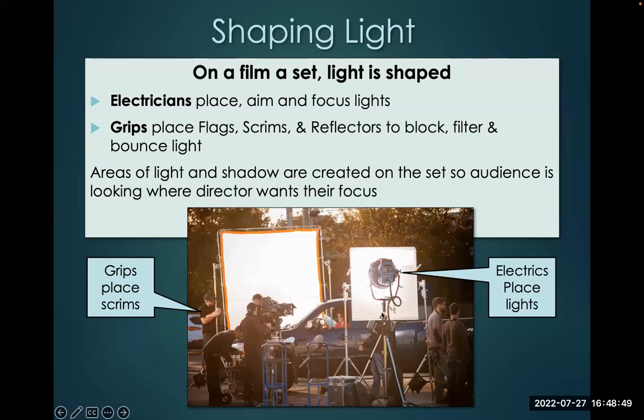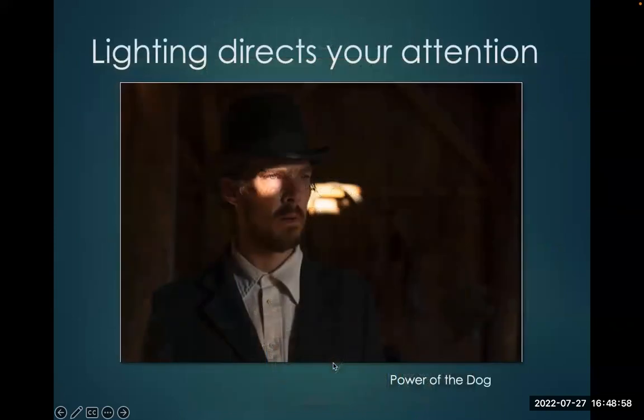So here's an exterior shot, but look at all the lighting and equipment that's used to get the image that the DP wants. Here from The Power of the Dog, we see a lot of darkness, which suits this sort of noir, gothic, Western movie. But they've put a little light here, probably a spotlight, to highlight his eye while he's thinking about something.